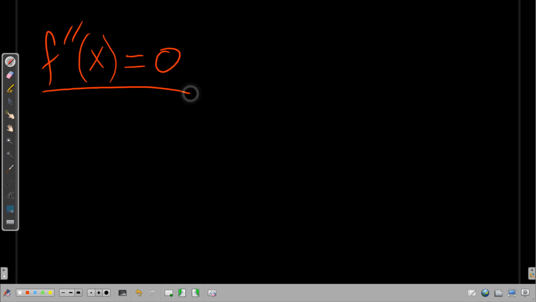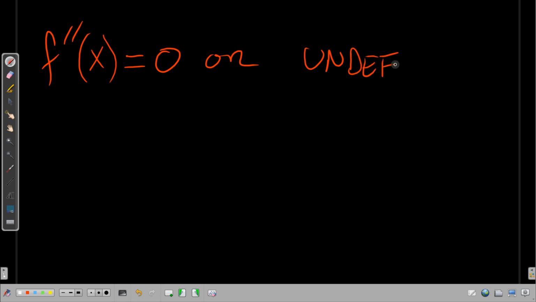So not only do you have f double prime being 0, but it must exist. It can't be undefined. Actually, it can be undefined. It can be 0 or undefined.